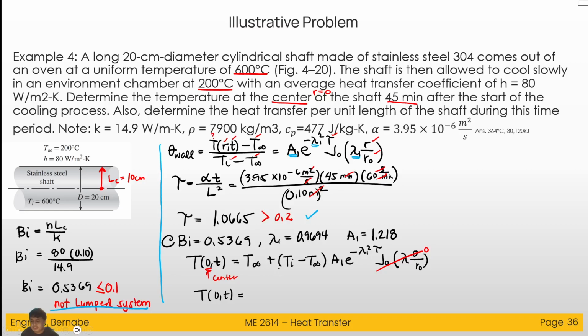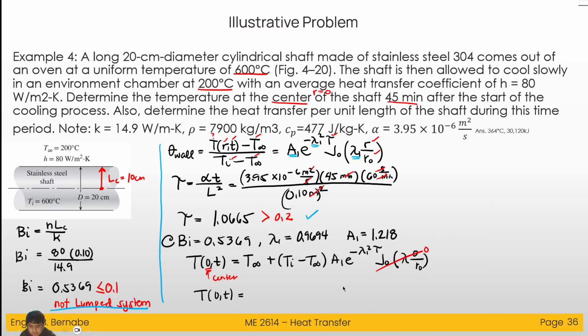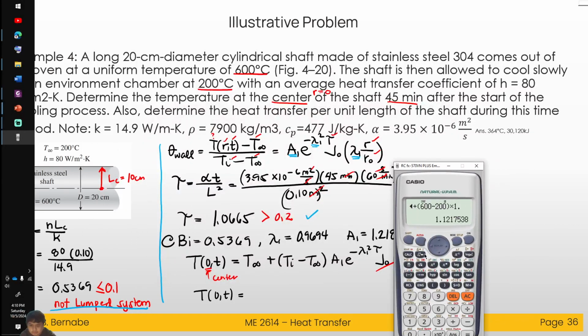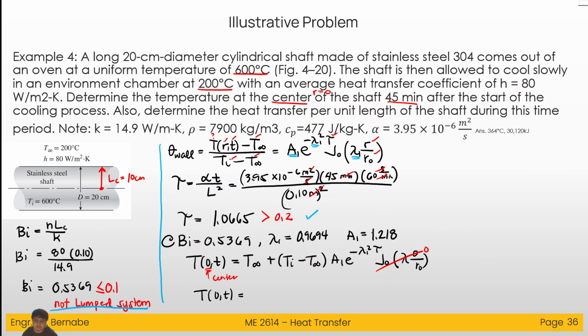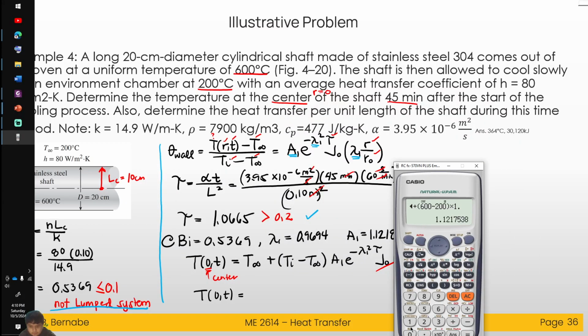Okay, so this will be T infinity is 200 plus Ti is 600 minus 200 times 1.1218. I got the wrong number earlier, it should be this one.